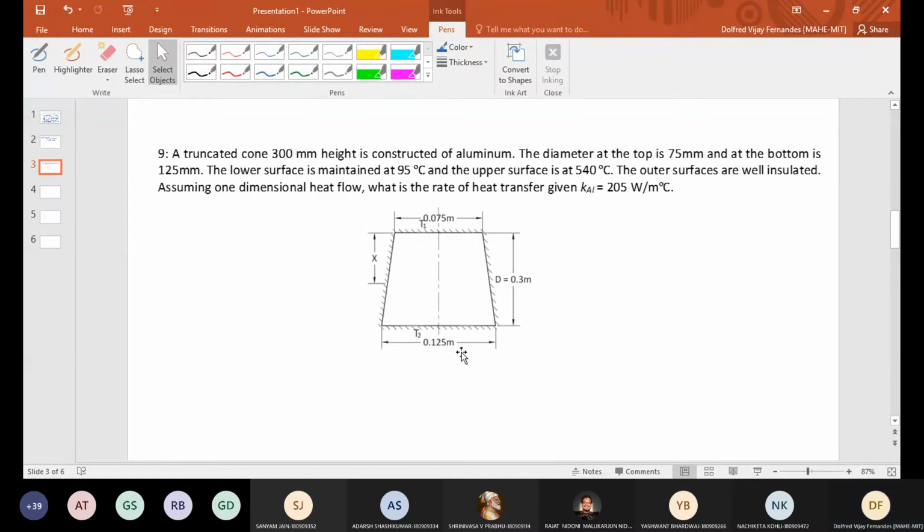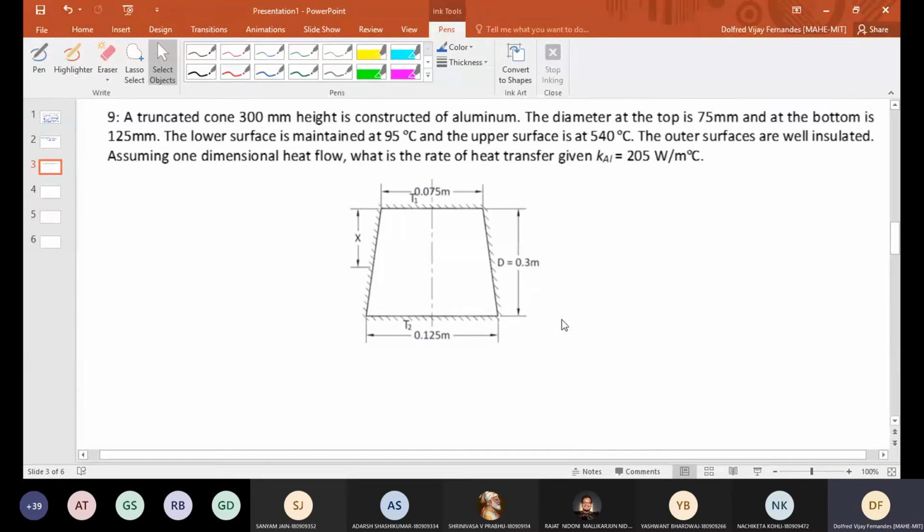Truncated cone, so you have the diameter of the bottom given as 125 millimeter, top is 75 millimeter, and the length of the cone is given as 300 millimeter. Height is 300 millimeter. So you can see the figure, right? Clearly. Yes, sir.